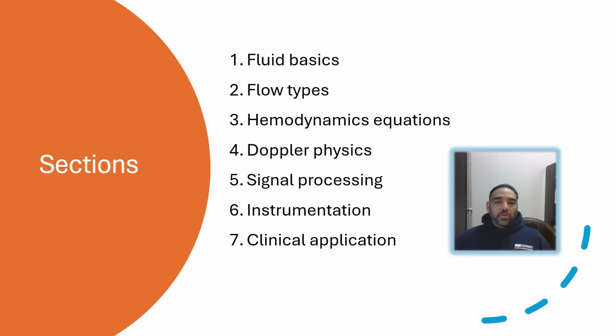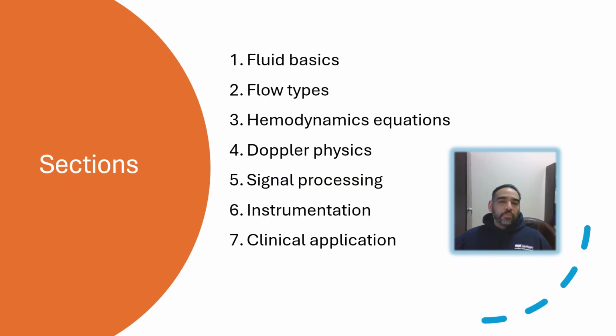And today we're going to transition into the next phase, 5, the spectral Doppler and signal processing. So if Doppler physics explained how motion creates a frequency shift, signal processing explains how that shift becomes a visual waveform. So this is where the fast Fourier transform converts frequency data into spectral display, where time, velocity, and amplitude are organized into something we can interpret clinically.